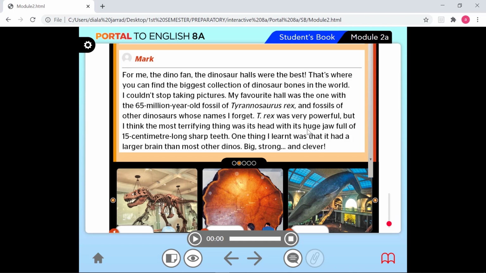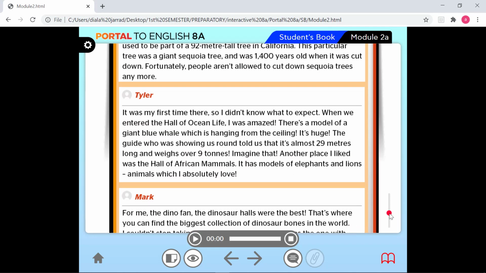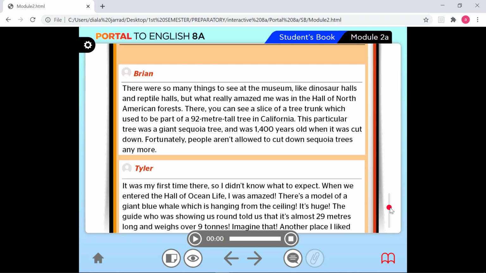Now let's go to the previous one, Tyler. Ceiling, سقف. Hanging from the ceiling, متدلية من السقف. Weighs, تزن. ننتقل للنص السابق أيضا. Forests, غابات. Cut down, يقطع. Fortunately, لحسن الحظ.